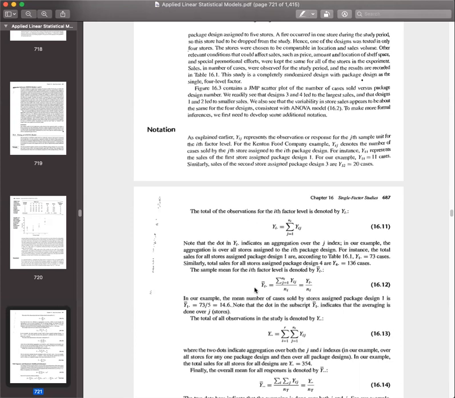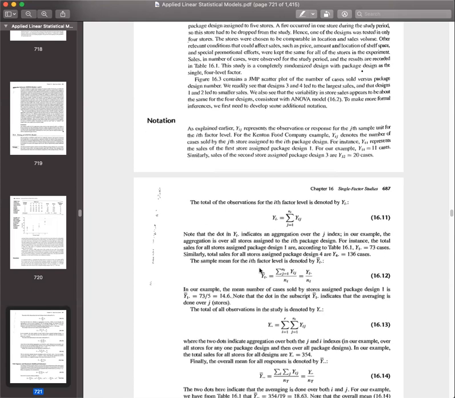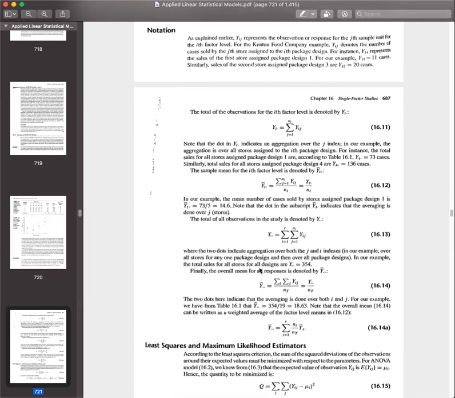The least squares and maximum likelihood estimators. According to the least squares criterion, the sum of the squared deviations of the observations around their expected values must be minimized with respect to the parameters. For an ANOVA model, we know that the expected value of observation Yij is equal to μi.